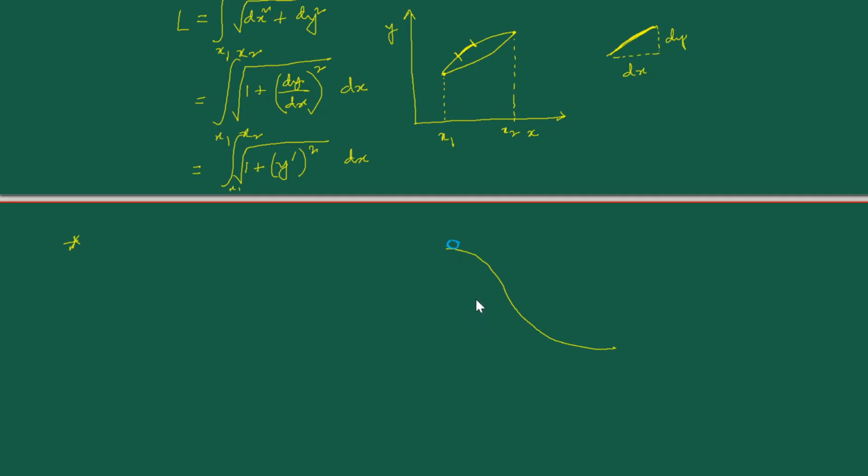Okay, so let me restate that question again. Find the shape of this frictionless path, such that a particle moving down this path under the action of gravity covers this entire path in the minimum time.